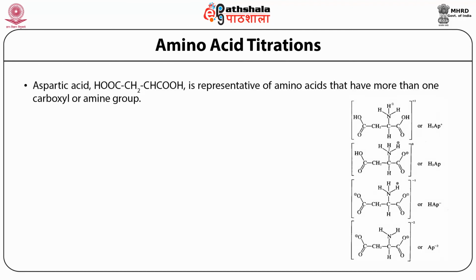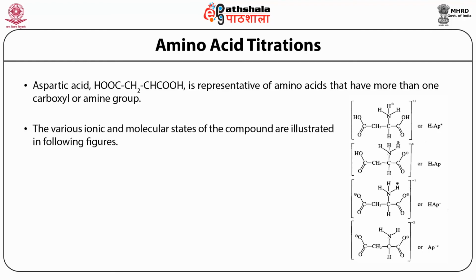Aspartic acid, which has two carboxylic groups, is representative of amino acids that have more than one carboxylic group or amine group, as shown in the following figure. The various ionic and molecular states of the compound are illustrated in the following figure. So these are the ionic and molecular states of aspartic acid.